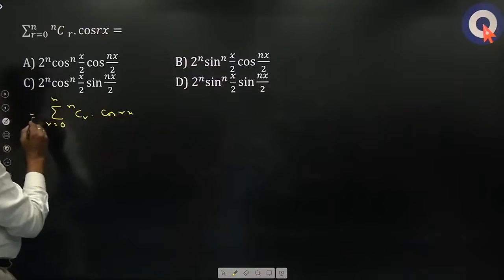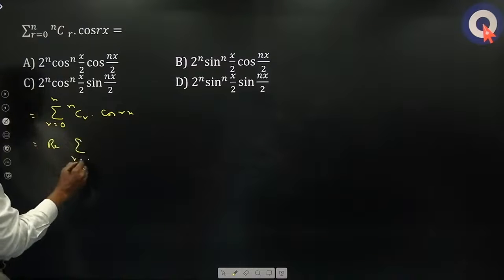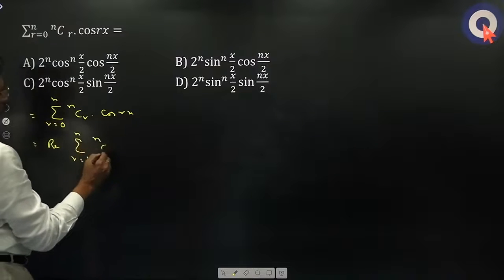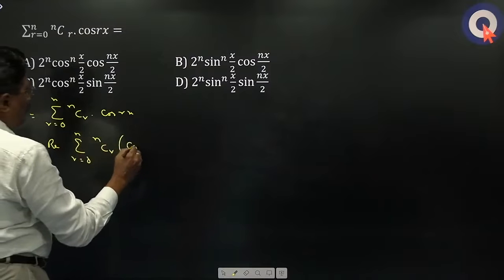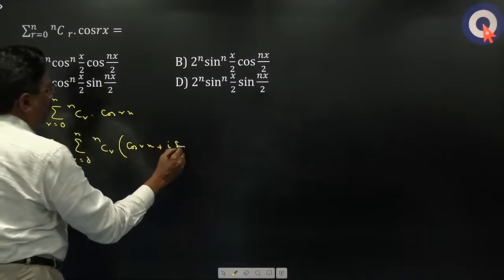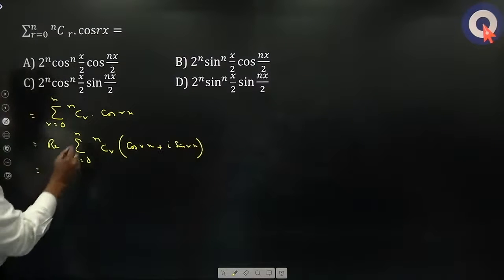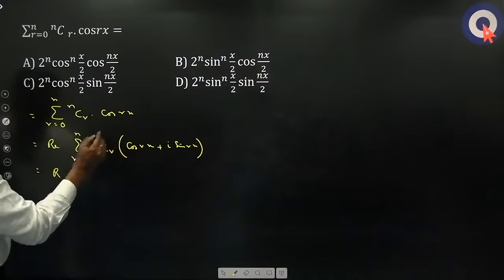So we shall write this as the real part of sigma r equals 0 to n nCr into cos rx plus i sin rx, because cos rx is just the real part.